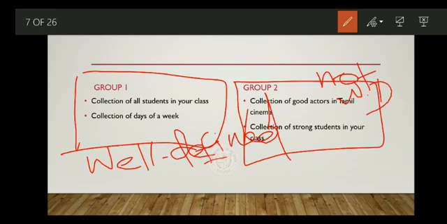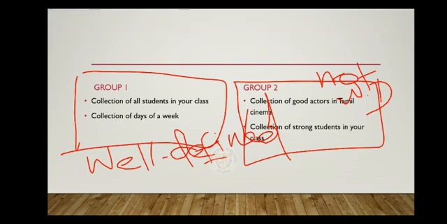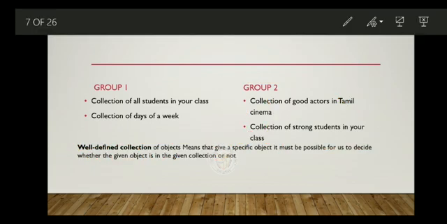So, well-defined collection of objects means that given a specific object, it must be possible for us to decide whether the given object is in the given collection or not. And a well-defined collection of objects is a set.